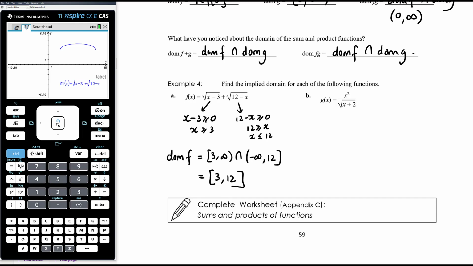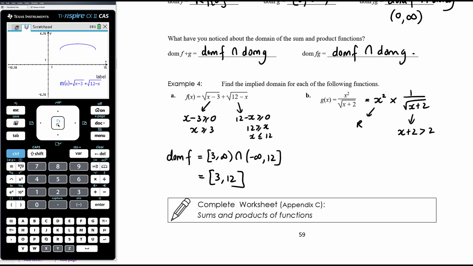Alright, if we think about g as a product of two functions, so if we think about that as being x squared times 1 on the square root of x plus 2, okay, so we know the domain for that is R. For this function, now the square root means that x plus 2 could be bigger than or equal to 0, but if it was equal to 0, then you'd be dividing by 0.